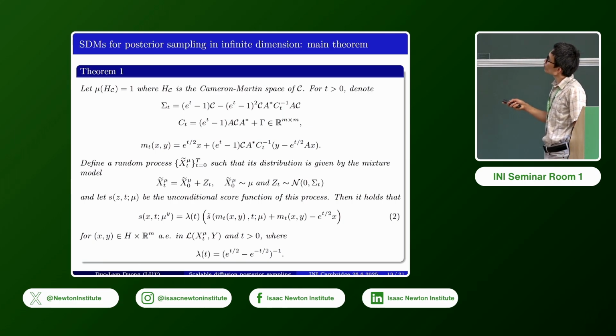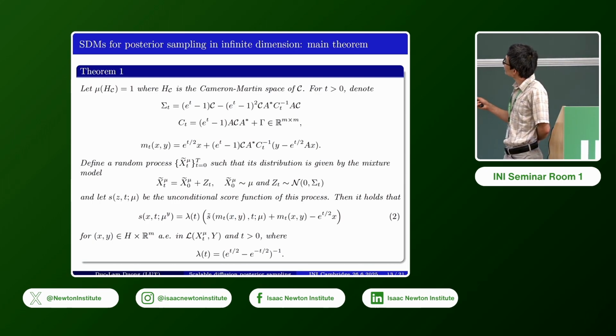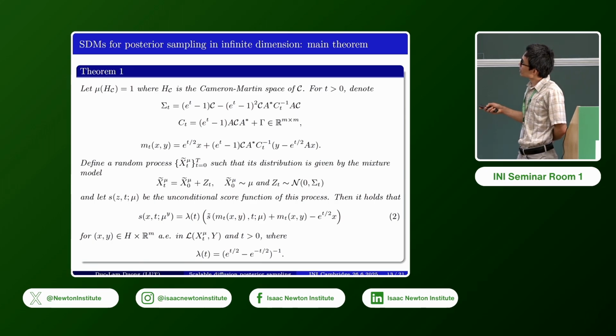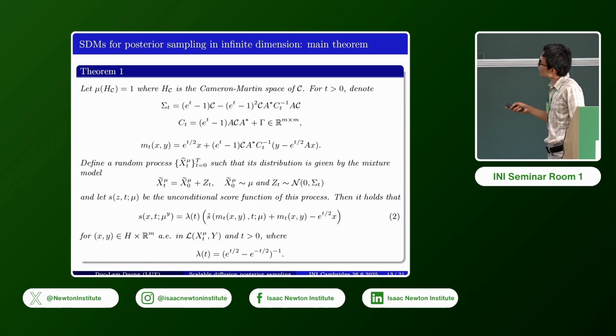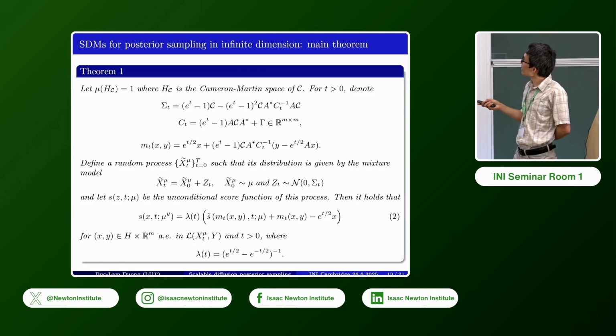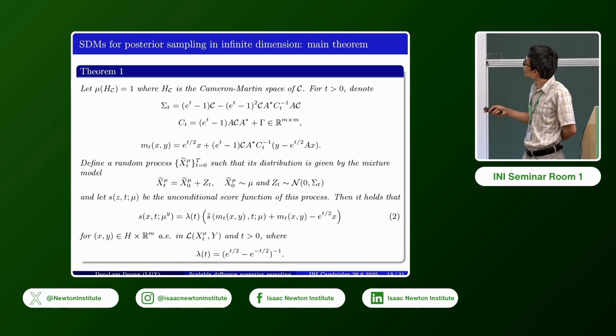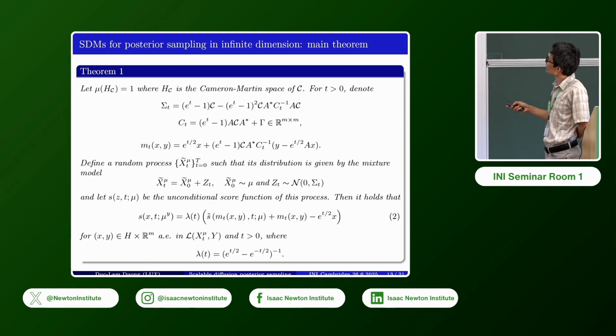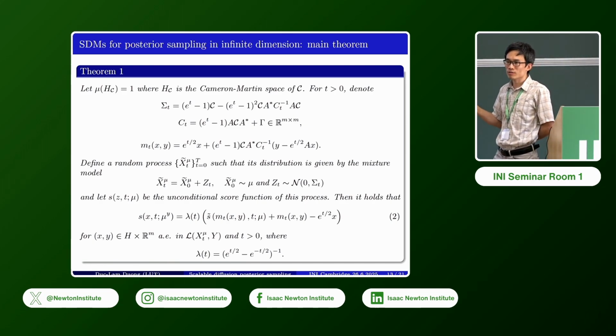Now we define a random process with distribution given by this mixture model, and we denote Z_t^mu to be the unconditional score function of this process. Then this conditional score function can be rewritten in terms of the unconditional score function that we defined above, with some extra terms.